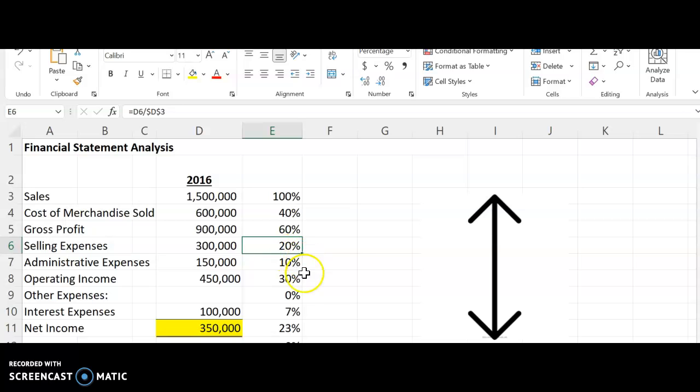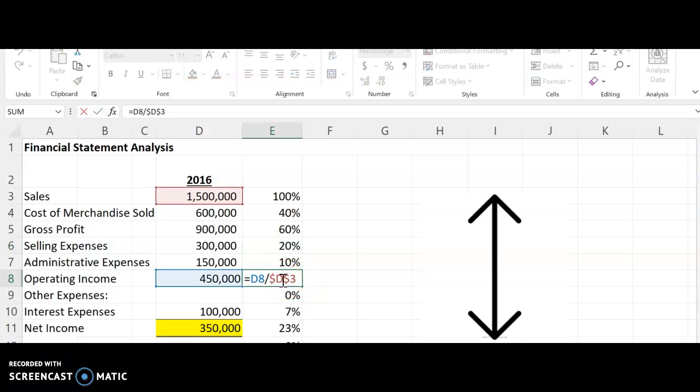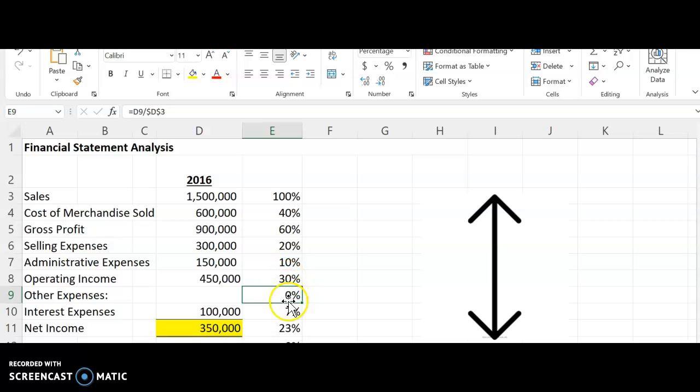And that leaves operating income to be 30% of my sales. Interest expense is 7%. And net income is 23% of my sales.